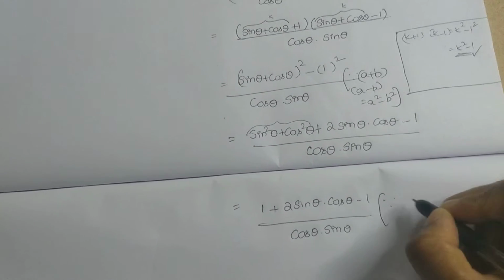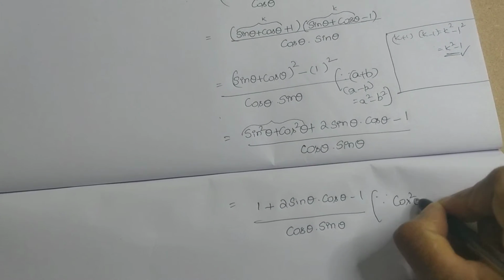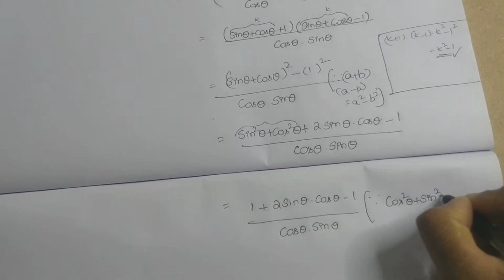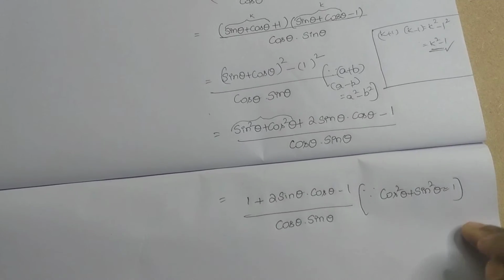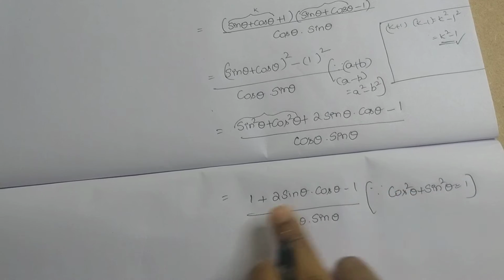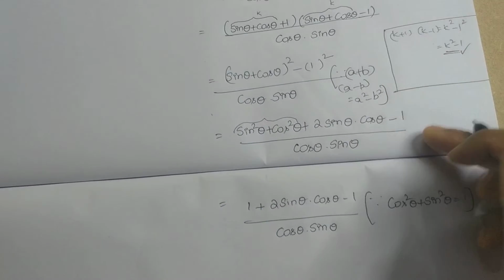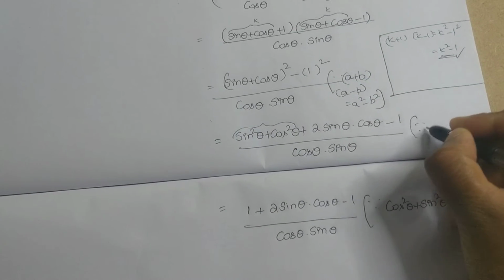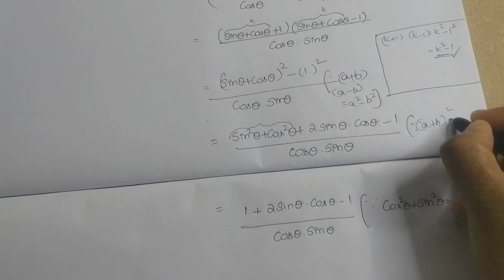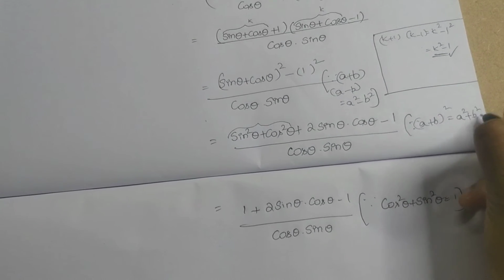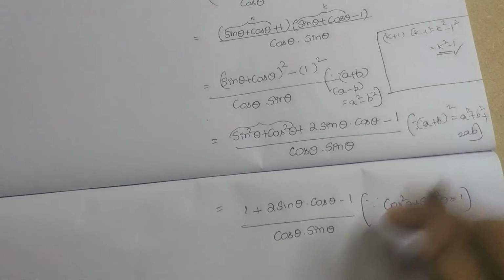Write in brackets, since cos square theta plus sin square theta equals 1. Based on this formula, we have substituted 1 here. And this, write it here, since a plus b whole square equals a square plus b square plus 2ab.